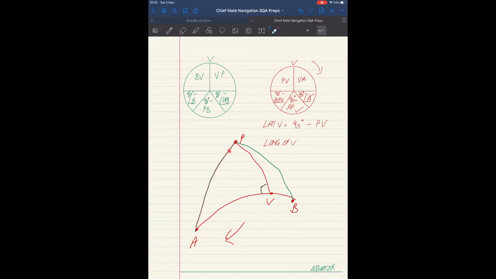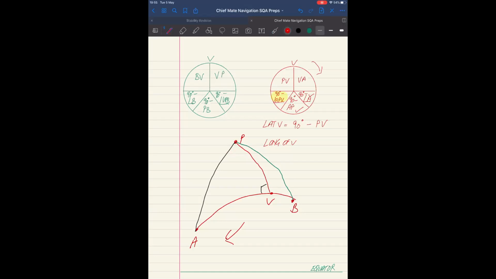If I'm able to find out this angle, I will simply add this angle to the longitude of A and get my longitude of V. So let's look at what this angle is. This angle is actually APV. So this is the angle APV.